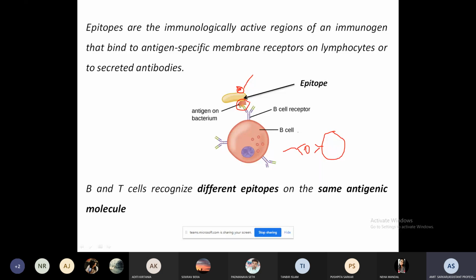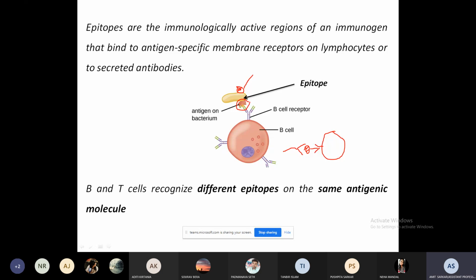When that fragment is presented, only then will the TCR bind to it and be activated. So B and T cells both have different epitopes to recognize on the same antigenic molecule, like one particular bacteria.